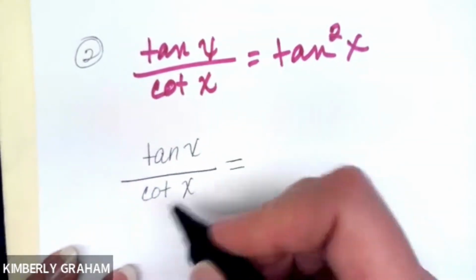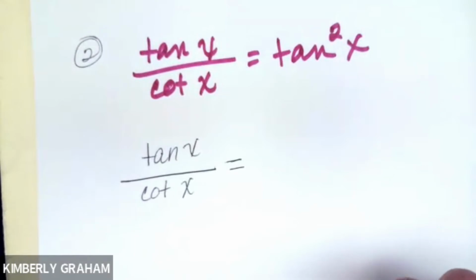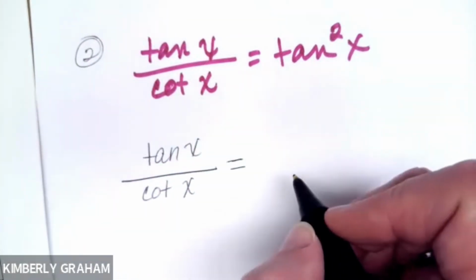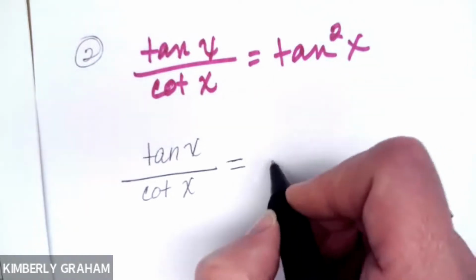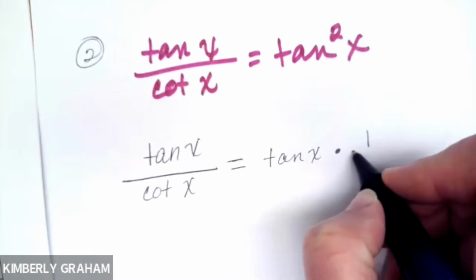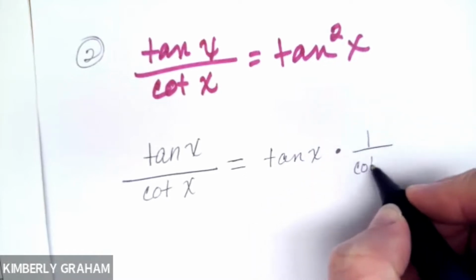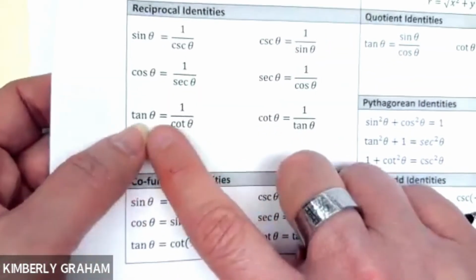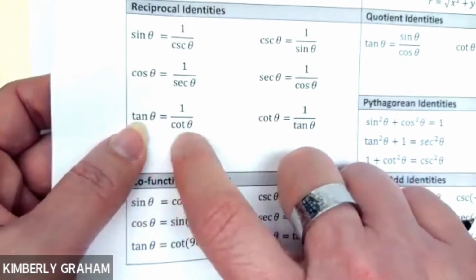I can do this problem a couple of different ways. I could change everything to sines and cosines, but I could also use my reciprocal identities. You know what I think I'm going to do is rewrite this as tangent times 1 over cotangent, because I know that 1 over cotangent is tangent using my reciprocal identities.